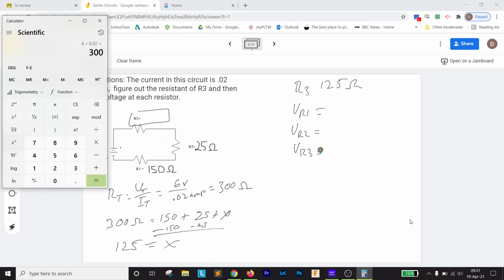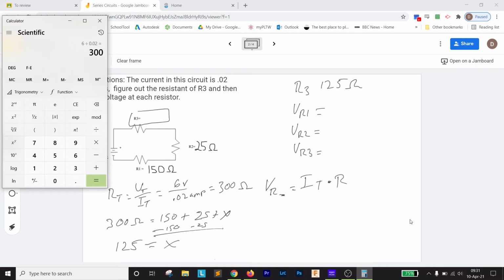So I'm going to do this a little more quickly than I did on the other one, but basically following Ohm's law, voltage at R anything, like Rn, equals I total times the resistor.